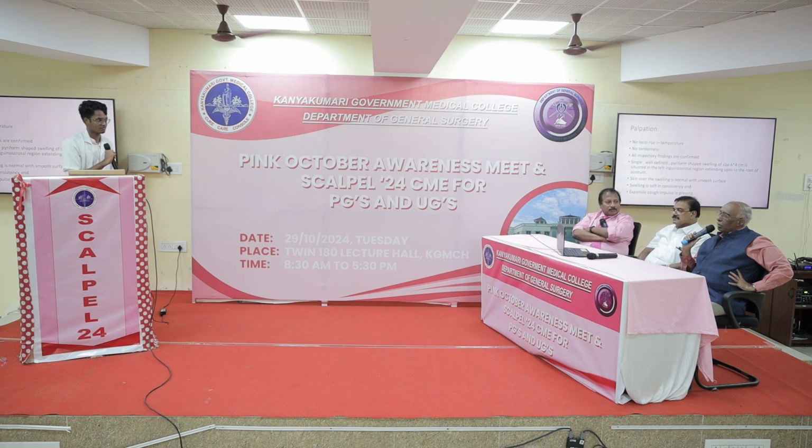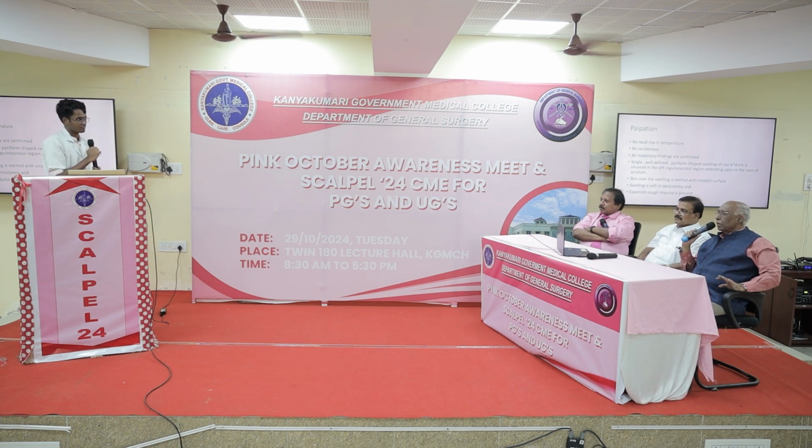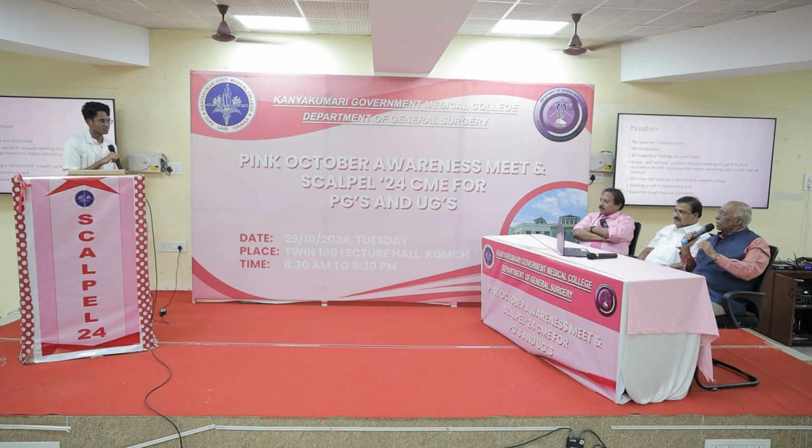Again, the location. For any swelling, location is the most important thing. So what you should say is whether your swelling is above and medial to the pubic tubercle or below and lateral to the pubic tubercle. The swelling is above and medial. That is the location. That is inguinal.